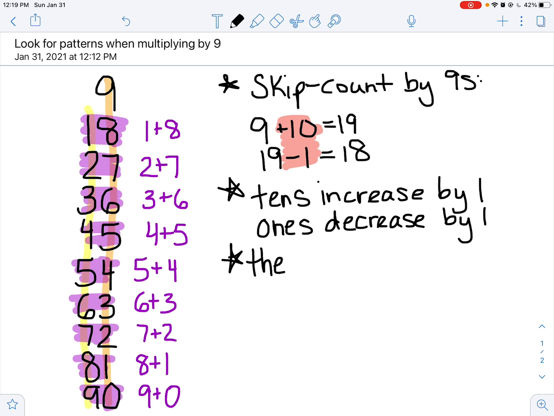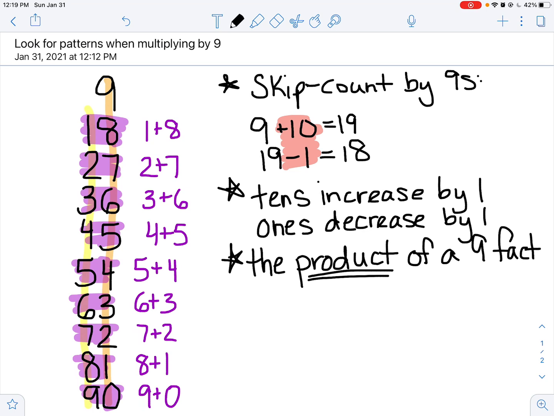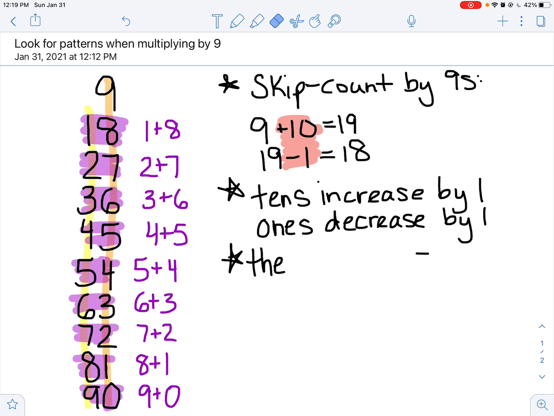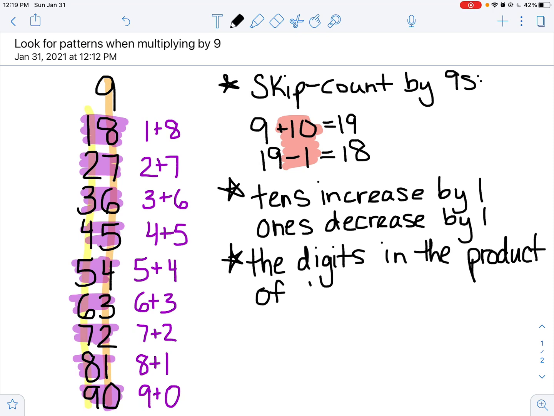So the answer, or the product, remember product is the answer to a multiplication fact, the digits in the product of 9 facts add up to 9.